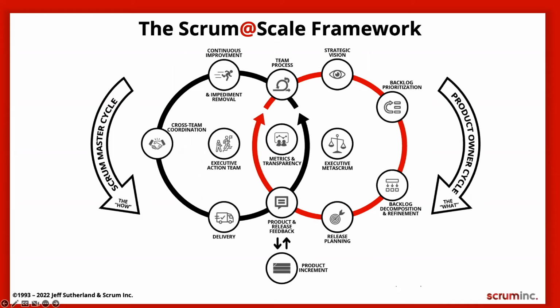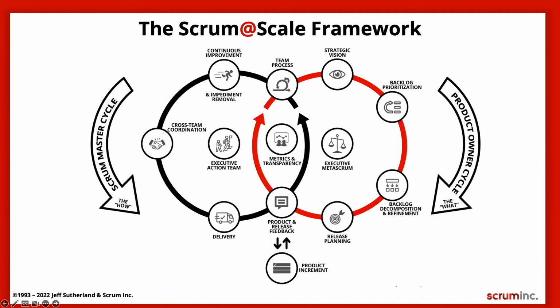Again, not as a single team or even a group of teams, but a group of teams as a whole organization or whole company. Now, I don't want you to think of these components as physical structures. Instead, they are a series of questions that each organization has to answer in order to do this effectively. So for example, strategic vision.